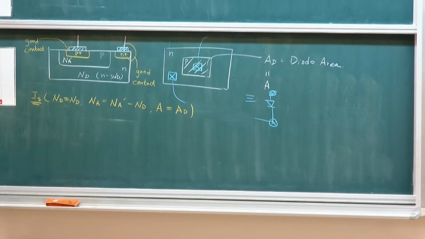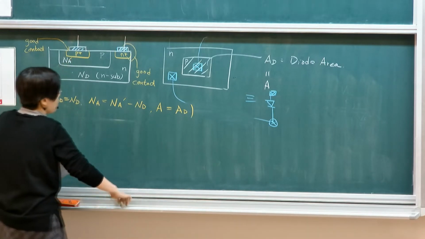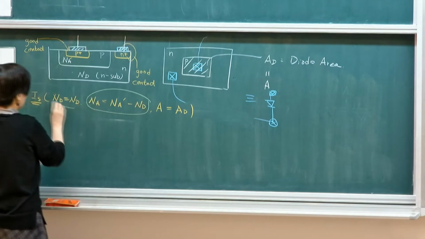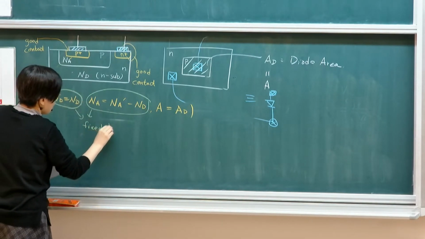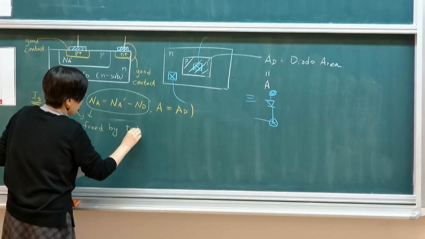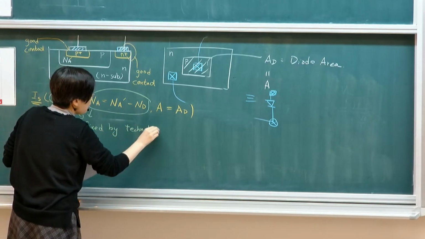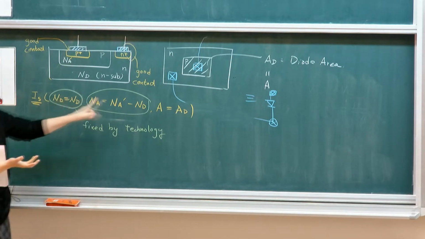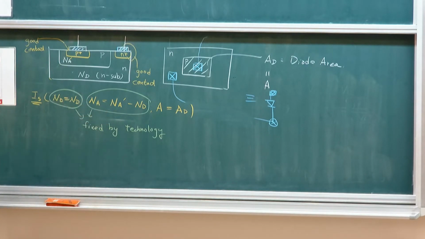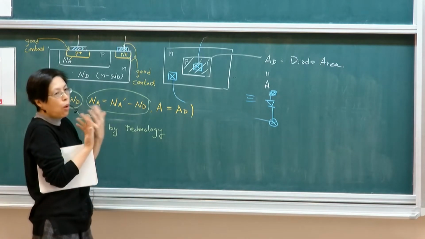But I want to emphasize once again that if you're a designer, all the process parameters are fixed by technology. These are fixed. That is to say, if you're using a certain foundry and they have a certain technology, these parameters are fixed. How much they dope will not change for the designer.